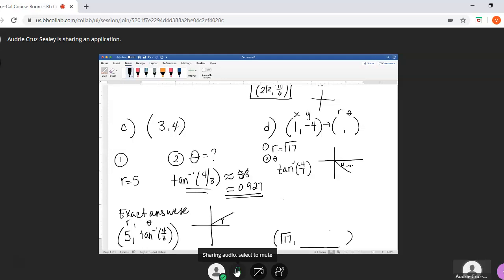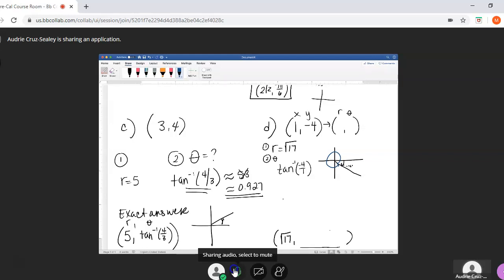Your calculator, when it's doing tangent inverse, only knows how to go up and down to quadrant 1 and quadrant 4. That's it. But the instructions say that you have to be between 0 and 2 pi. So you're not allowed to go this way. Do you agree that you want to go this way? Does that make sense?